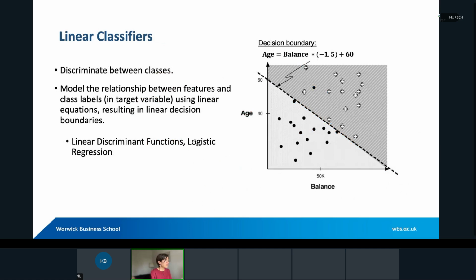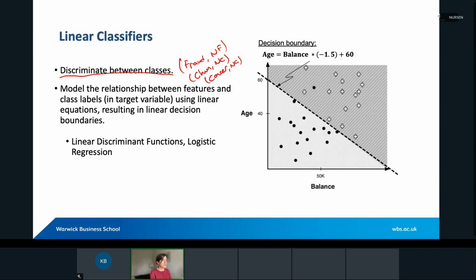So linear classifiers also discriminate between classes, like fraud, not fraud, or churn, not churn, cancer, not cancer. So we use this to discriminate between classes, but the model now considers the combination of the features to define the decision boundary.